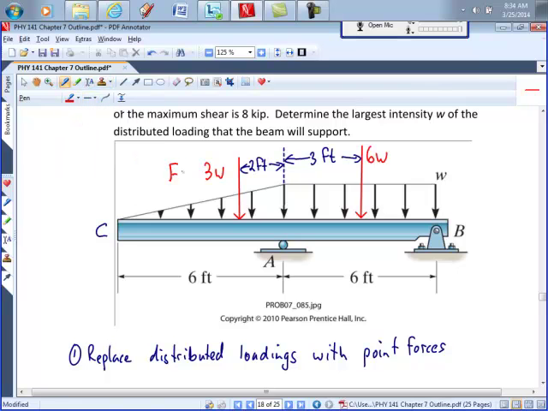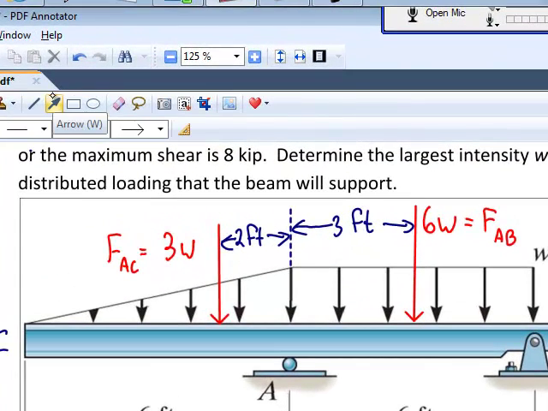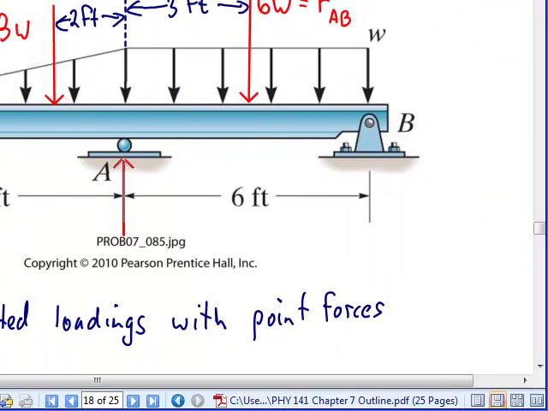Let's call that FAC, and this one FAB. All right, so we've replaced the distributed loads with equivalent point forces in order to calculate the reactions at A and B. What's the nature of the reaction at A? This is a roller, so it can only be a normal or a vertical force, normal to the flat horizontal surface. So the reaction at A is going to be a y component only.